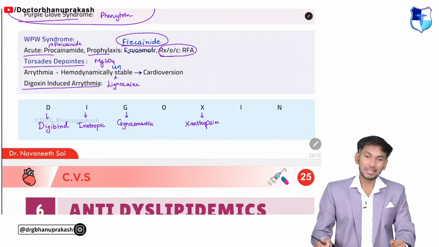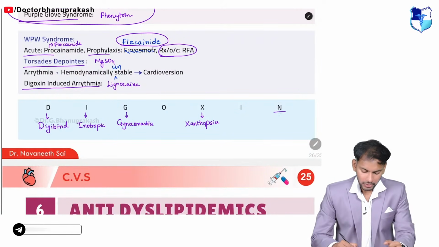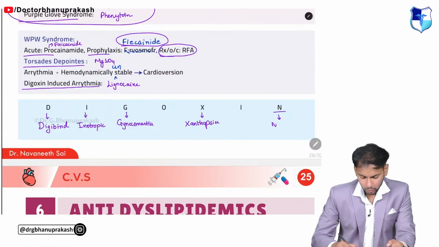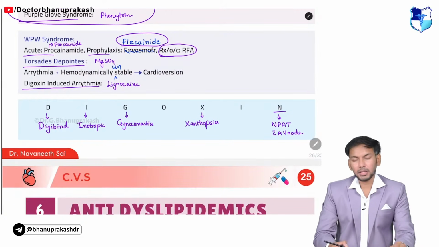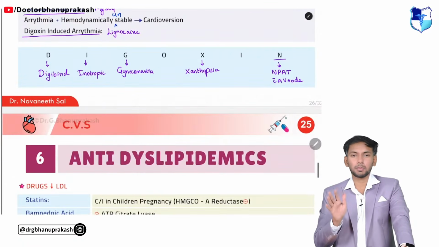Now, what is important? It produces a specific arrhythmia, that is what is known as non-paroxysmal atrial tachycardia with AV node block. This is a specific arrhythmia that is seen with digoxin. This is what I want you to remember about the digoxin.